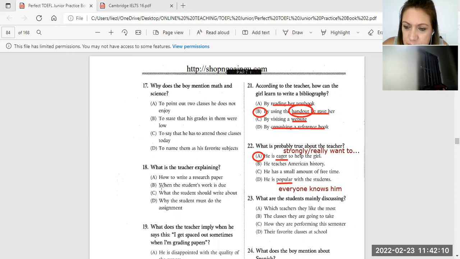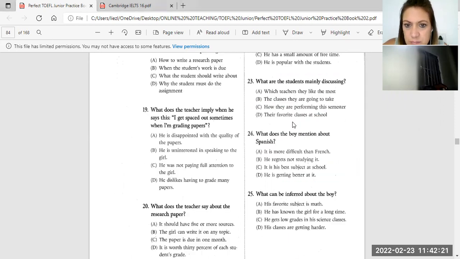Questions 23 through 26. Listen to a conversation between 2 students. George, have you figured out your schedule for next semester yet? There's not too much to think about, is there? What do you mean by that? I mean that we don't even have a choice for several of our classes. Let's see, we're required to take English.